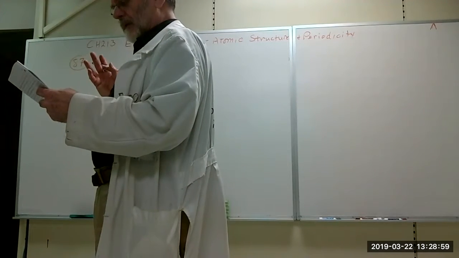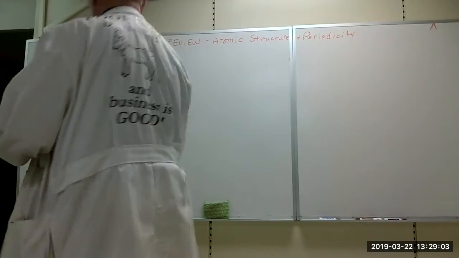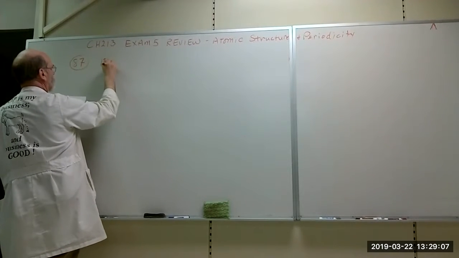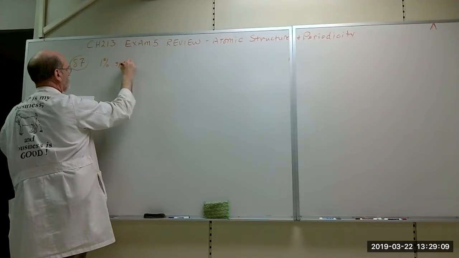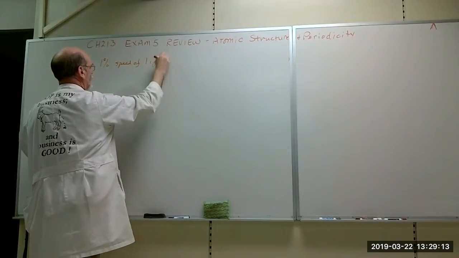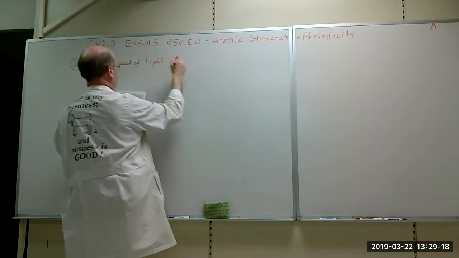Okay, so what information do we have? Let's put that up there first. We have 1% of the speed of light. We have the wavelength, and it's an atom.